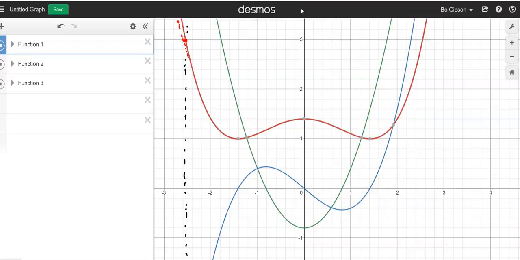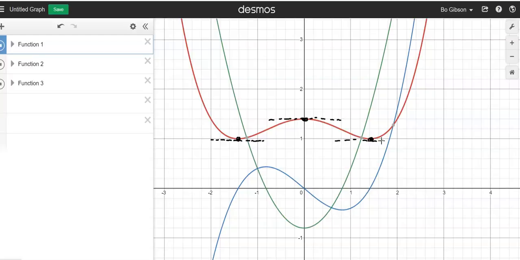But we can pick another point, and the point I really like to look at, probably the easiest, is points where the derivative should be 0. Let's look at the red function. Right here the derivative appears to be 0, right? I'd have a horizontal tangent. Here the derivative appears to be 0. I would have a horizontal tangent.